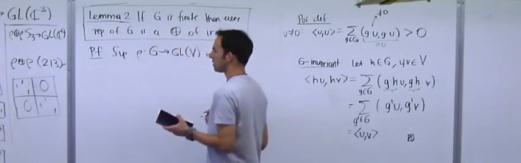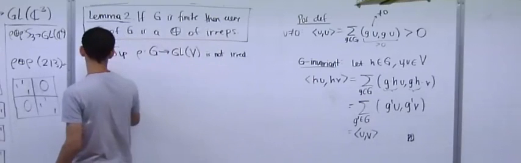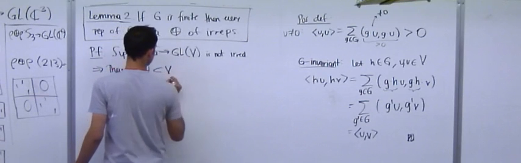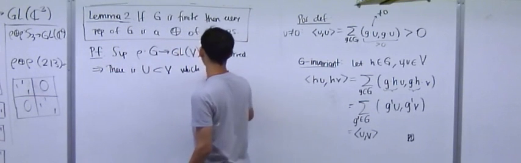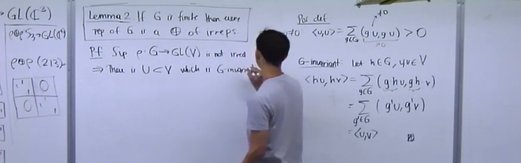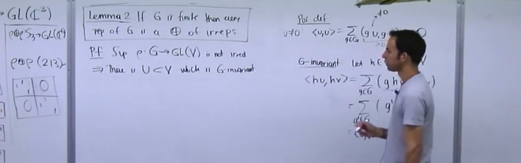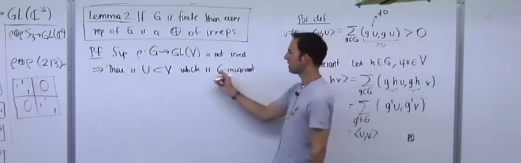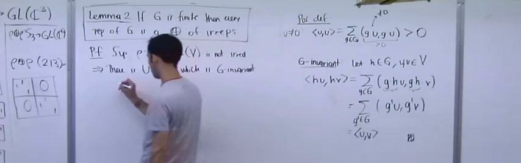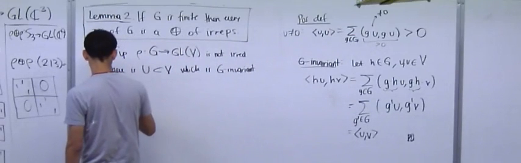So that means that there must be a proper subspace which is G invariant. We have some subspace such that group elements send things in U to things in U. Like in this case, we had the line x, x, x. So let me make a claim.